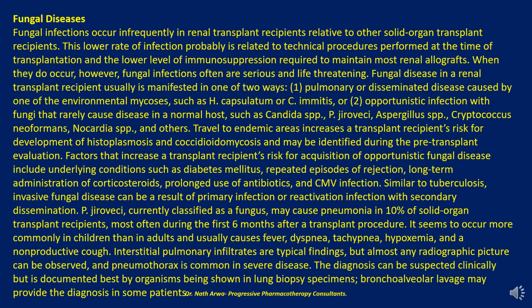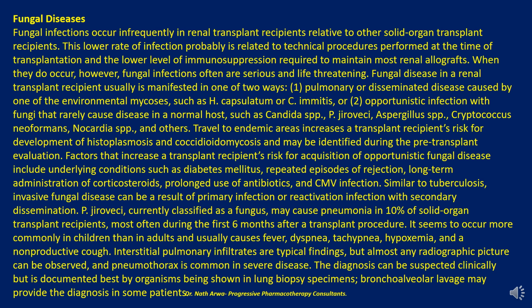Pneumocystis jirovecii, currently classified as a fungus, may cause pneumonia in 10% of solid organ transplant recipients, most often during the first 6 months after a transplant procedure. It seems to occur more commonly in children than in adults and usually causes fever, dyspnea, tachypnea, hypoxemia, and a non-productive cough.